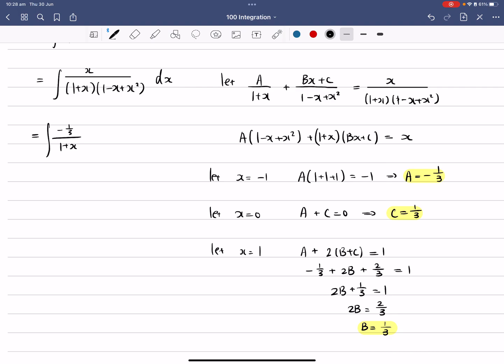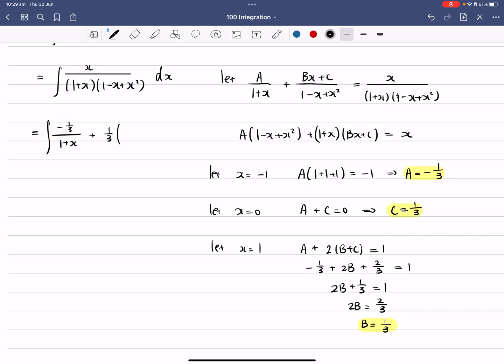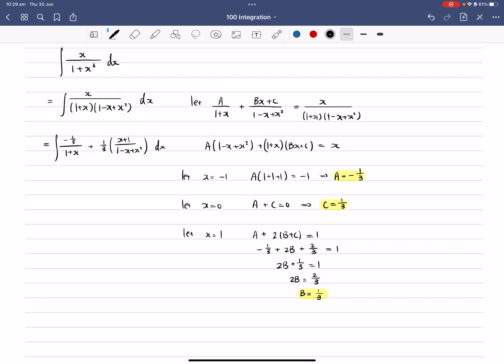For b and c, they're both equal to 1/3, so it's better to take 1/3 outside. Put 1 over 3 in front of the bracket, and that should give you x plus 1 over 1 minus x plus x squared dx.